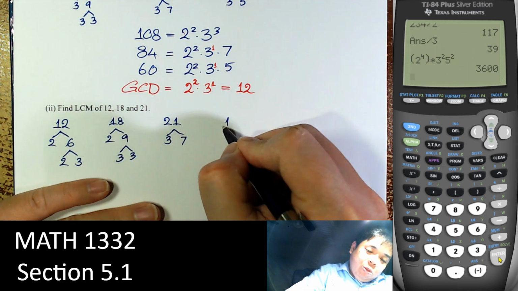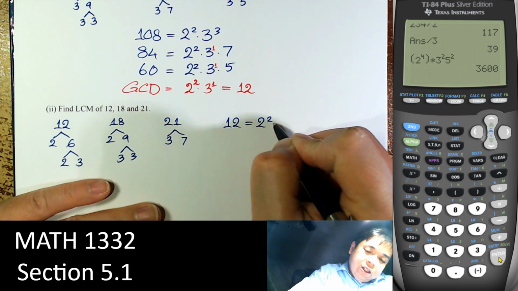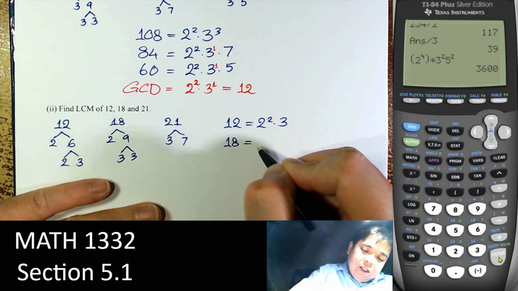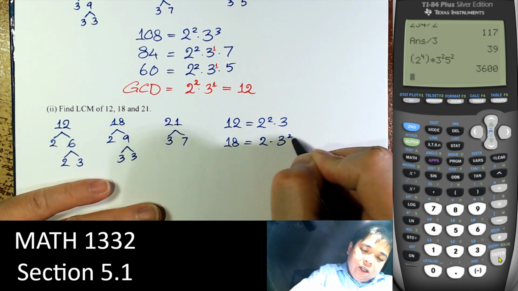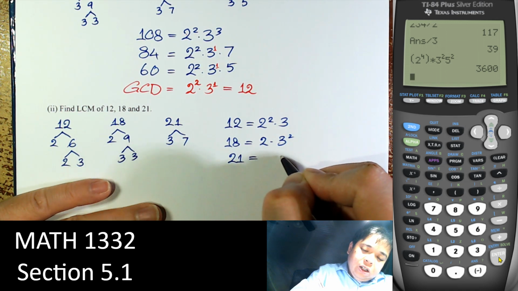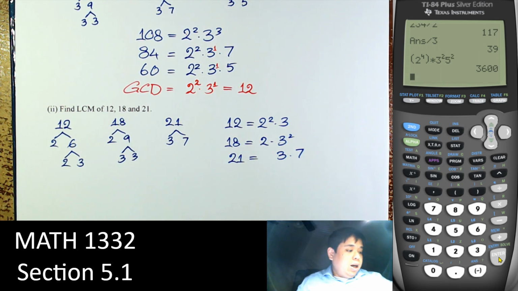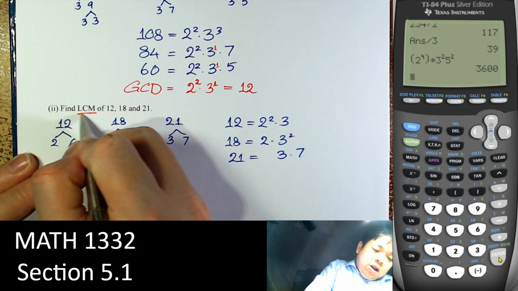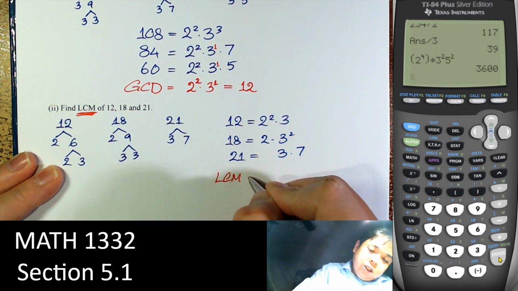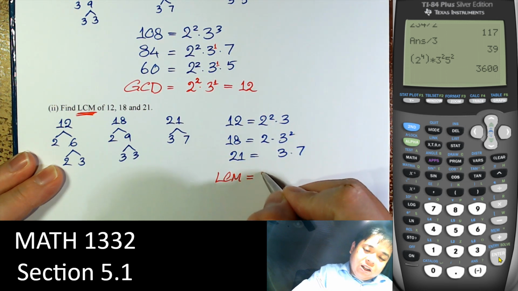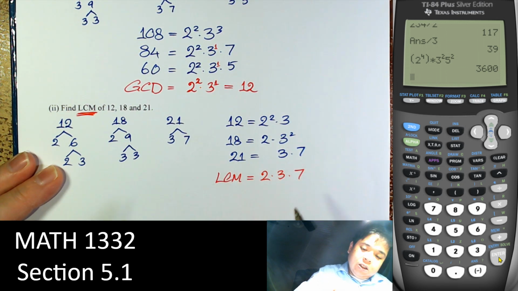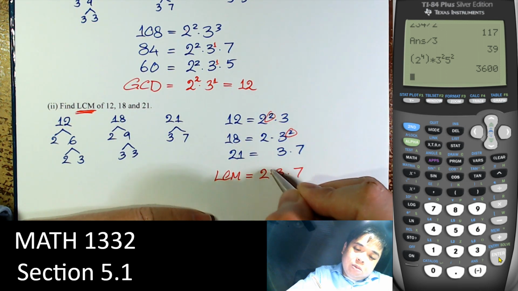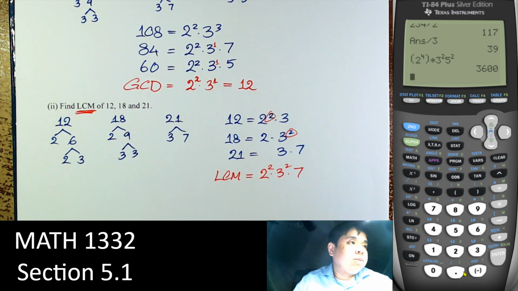Let's write down 12 is 2 squared times 3, 18 is 2 times 3 squared, and 21 is 3 times 7. Now, this time we want the least common multiple. So we're going to choose every factor, but to the highest power. The least common multiple is 252.